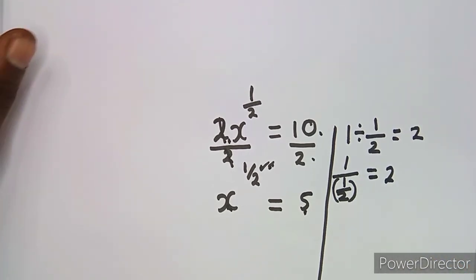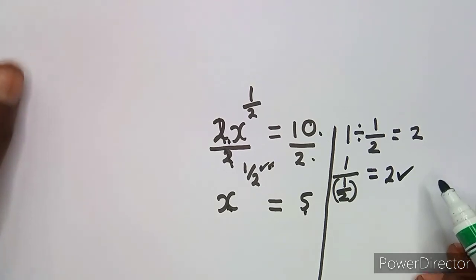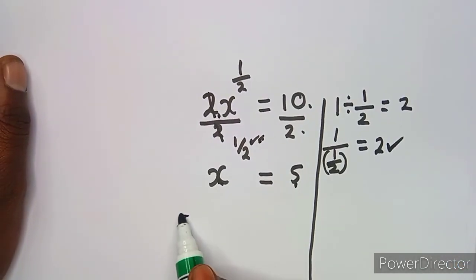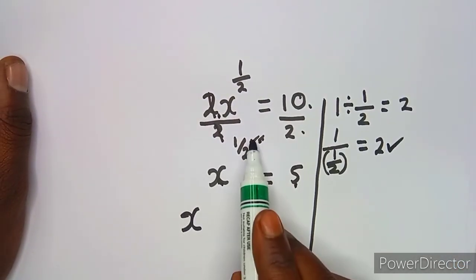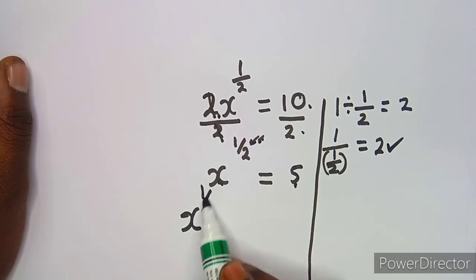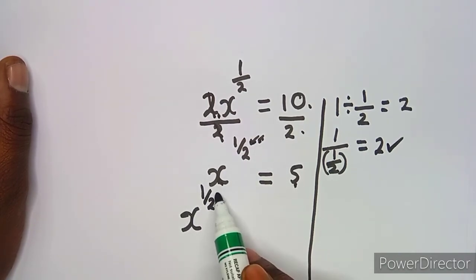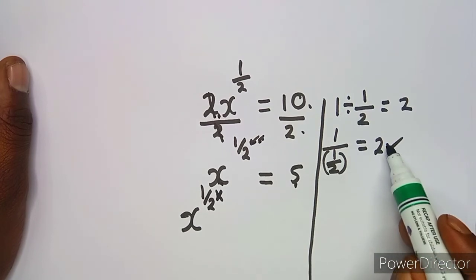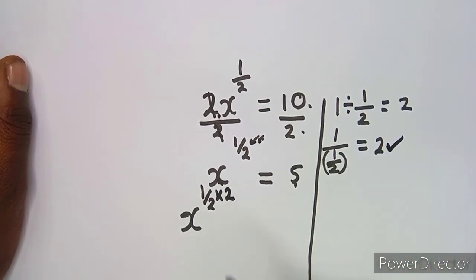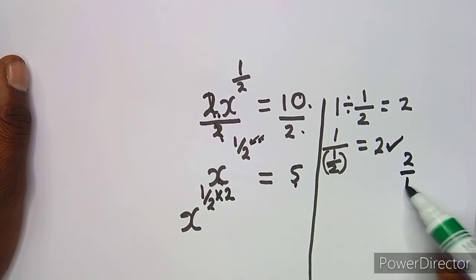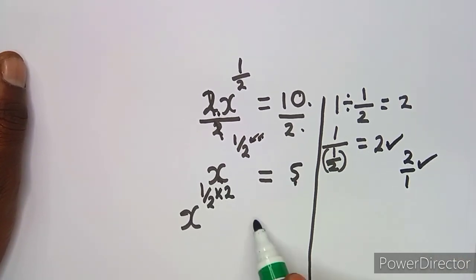Once you obtain the inverse of a number, we are going to multiply it to the exponent. Take note, to the exponent. This is your exponent here, which is your power, 1 over 2, times the inverse. We obtained our inverse, which is 2, or someone can write this as 2 over 1. It's still one and the same thing, but 2 over 1 is the same as 2, okay?